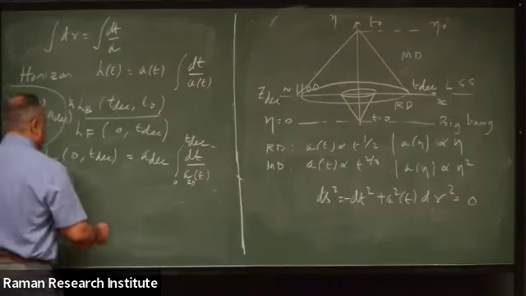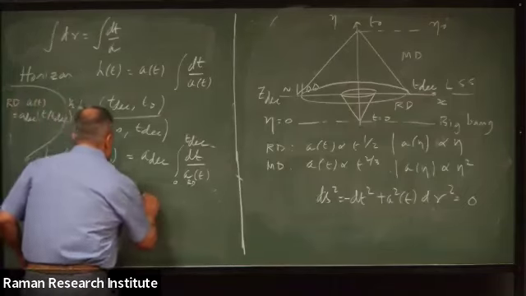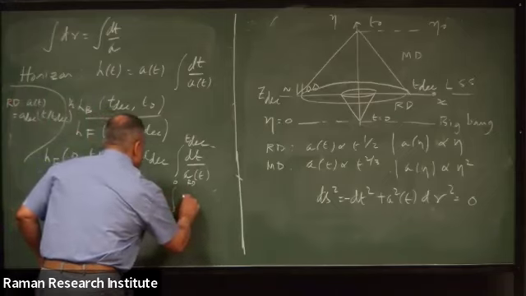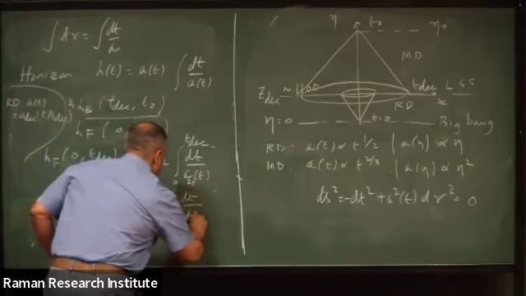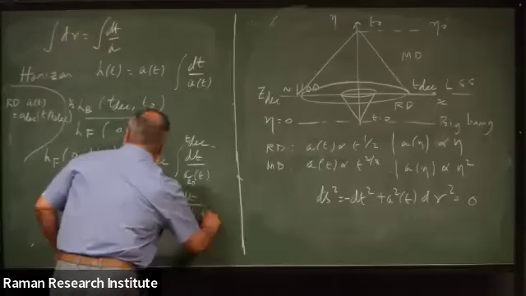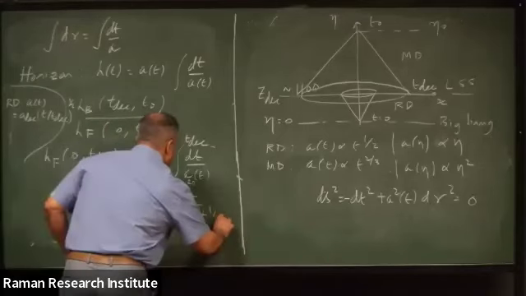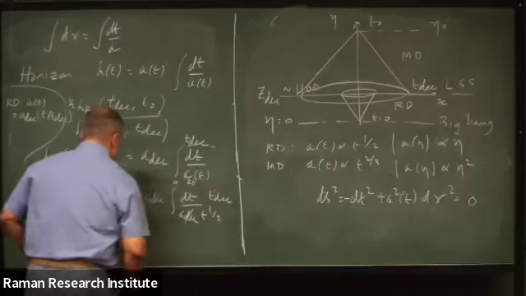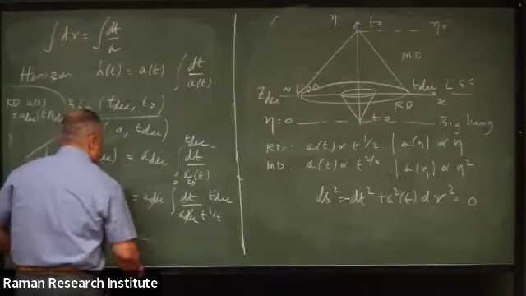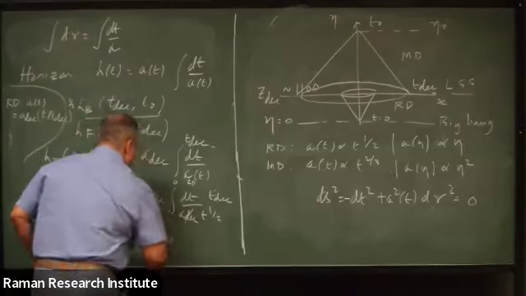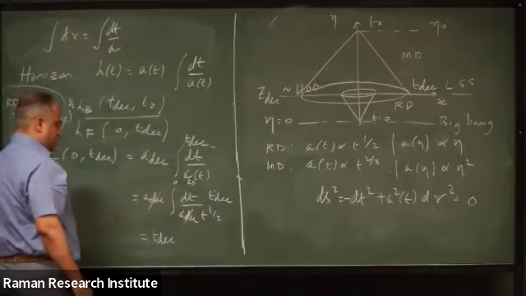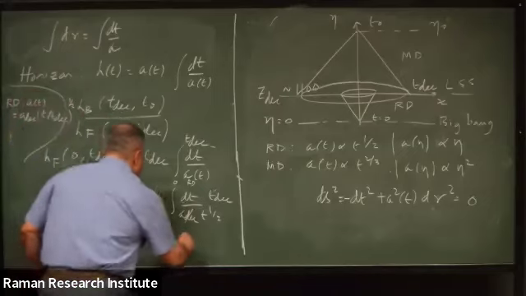So what will this be? This is a decoupling, integral dt by a decoupling. This goes away. t to the power half, t decoupling. All right, so what is this? This is t decoupling. If I integrate dt by t to the power half, it's 2 t to the power half.